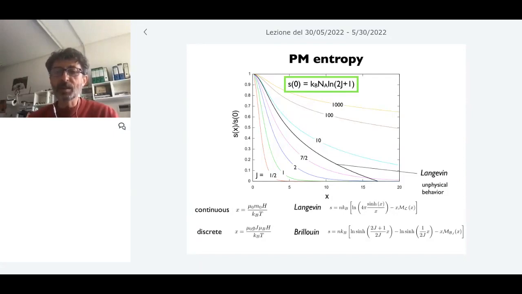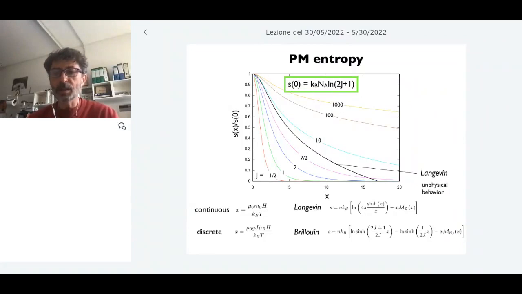It tells us something very deep in physics, because it tells us that the continuous description of the magnetic moment is not sufficient to get the macroscopic picture. You do not get any reasonable entropy with the classical magnetic moment. So you could already arrive at quantum mechanics only from thermodynamic reasoning.